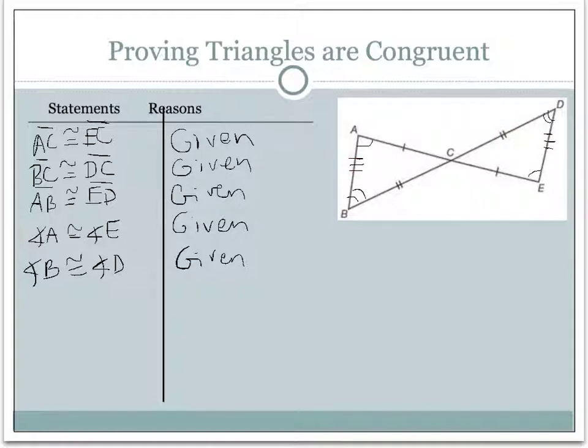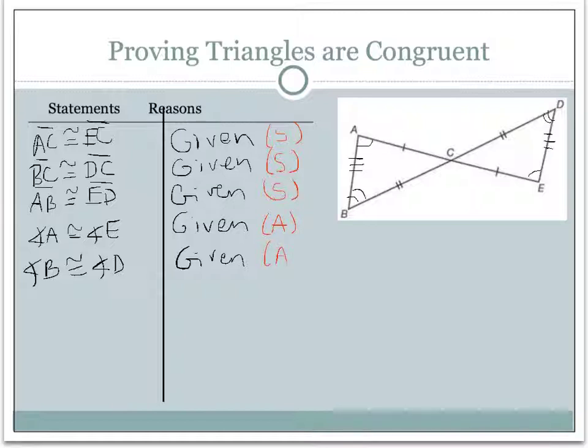Sometimes on my two-column proofs I like to write this as an S, an S, and an S. That just tells me in my brain that I've taken care of all three sides, so I have three pairs of congruent sides. And then I take a look, and I've gotten angles here. I know that angle A and E and the pair of B and D, so these would be my angles are congruent.